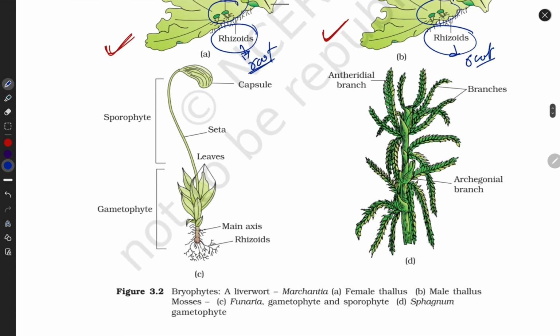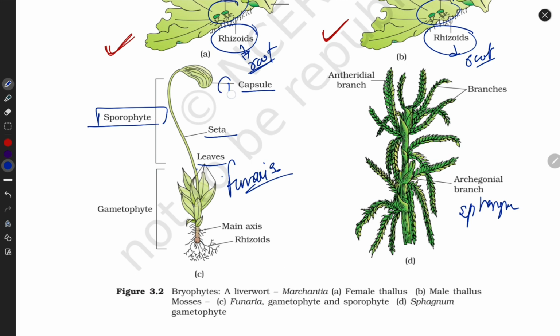Now look at these diagrams. This is Funaria and this is Sphagnum. They have capsule, seta, leaves. Remember these things. The sporophytic parts are made up of capsule, seta and leaves, and then the gametophytic parts.